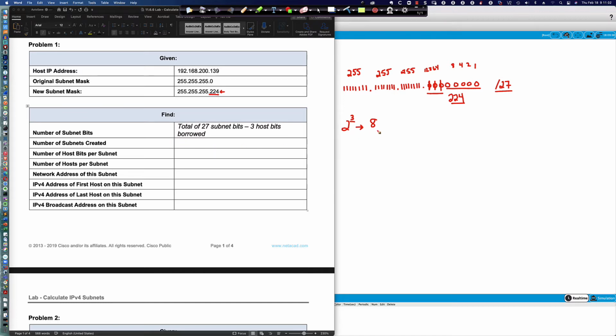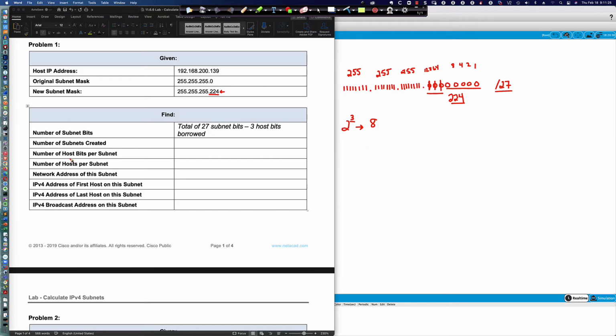And I'm actually going to show you how you can see each of the 8 subnetwork IDs and each of the 8 subnetwork broadcast addresses, and how you can see each of the available, usable, assignable IPs in each of those 8 subnets.